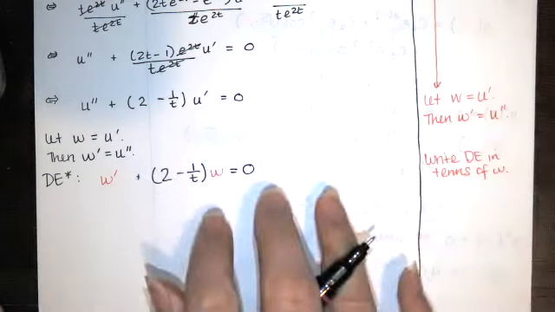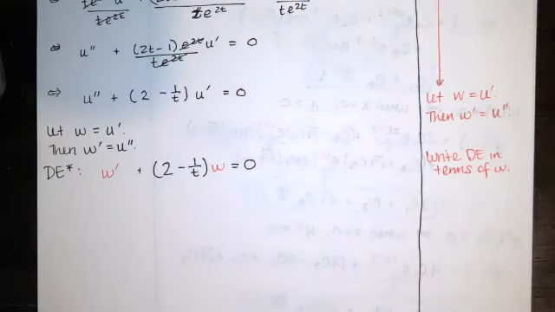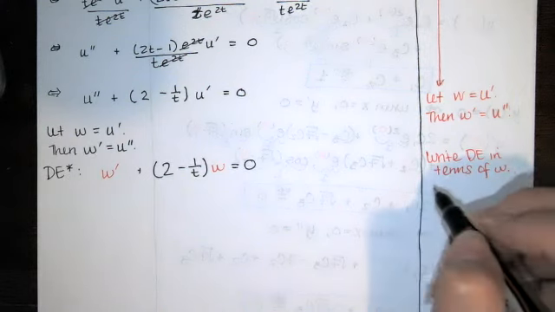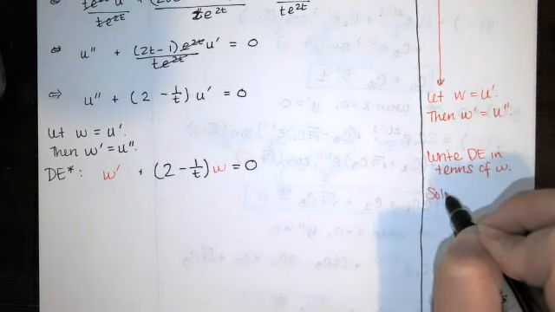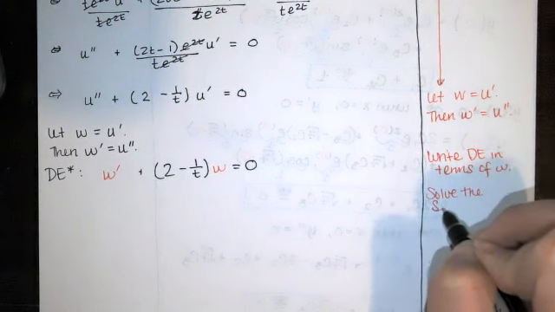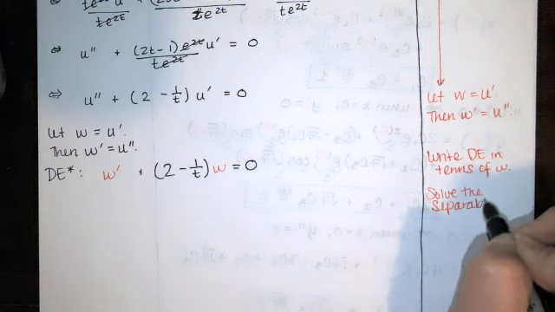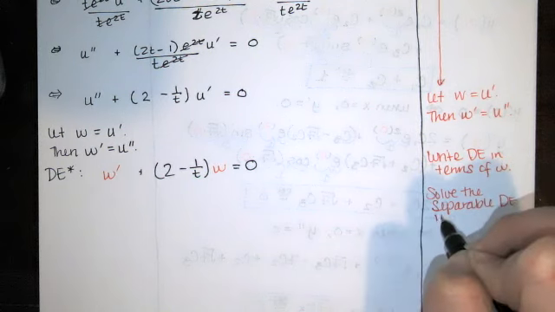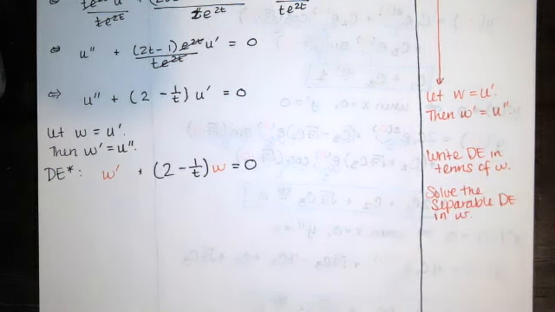Now, in general, this will be first order linear, and it is first order linear, so we could solve with an integrating factor, but since it's separable, it would be easier to solve it by separating the variables. So let's solve the separable equation. It's going to allow us to find w.